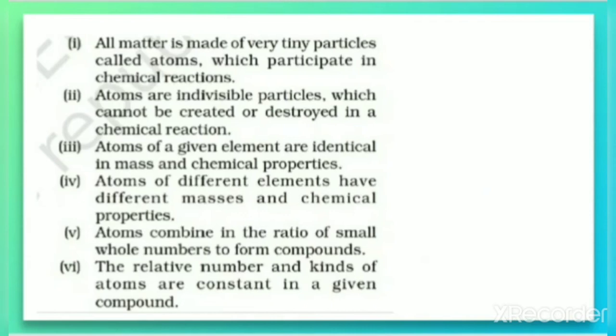As we have discussed, water is always made up of hydrogen and oxygen. We can't imagine water with another element. So the last point states that a compound is always made of particular types of atoms in a fixed number.